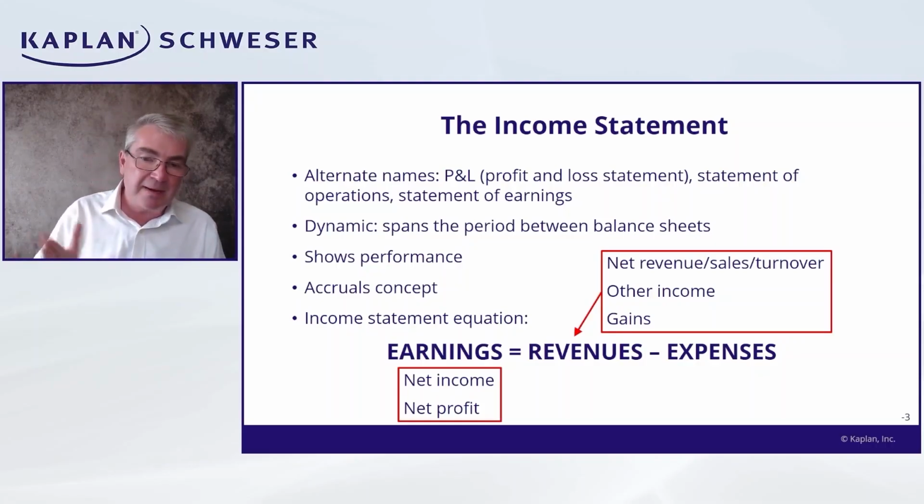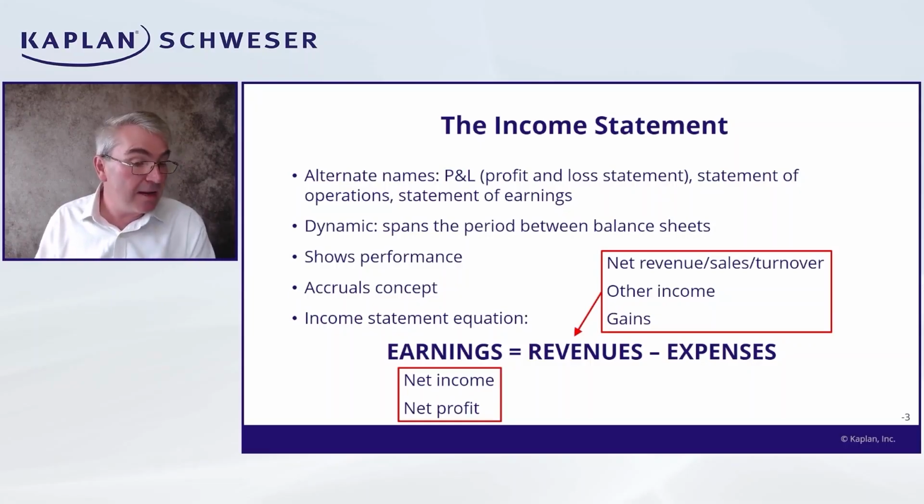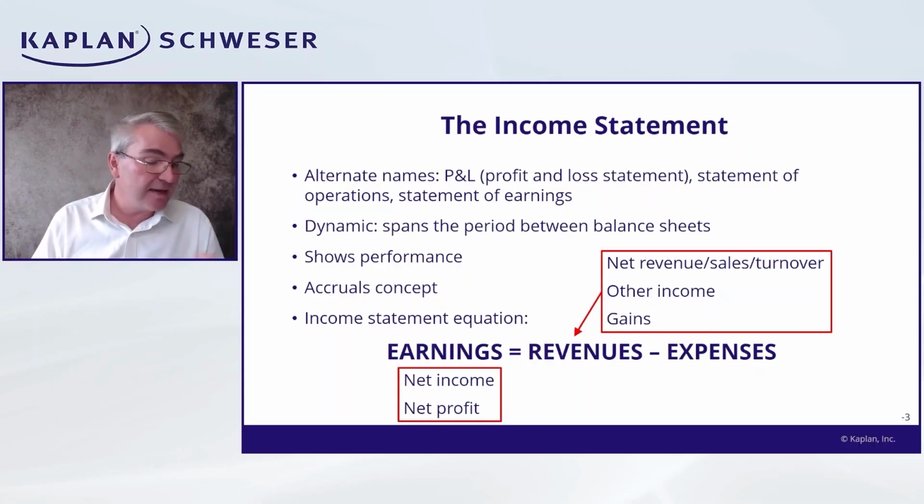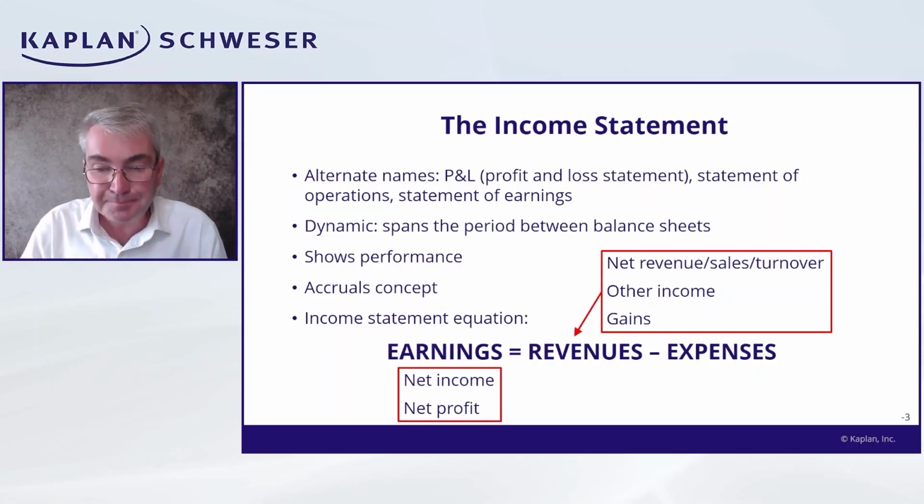Now that rental income I'm receiving would be treated as other income because it is not part of my core business operations. So other income is going to be therefore any income you generate that is not part of your day-to-day business operations. Subjectivity comes in here. What is part of day-to-day operations? What isn't part of day-to-day operations? Going to vary from company to company.